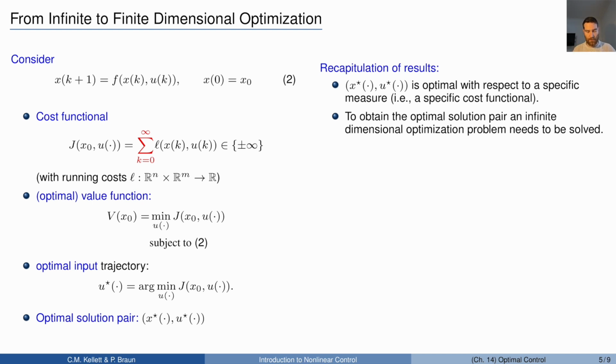And, as already indicated, to be able to obtain this optimal solution pair here, we need to be able to solve an infinite dimensional optimization problem in the continuous time setting as well as in the discrete time setting, since we need to be able to find this function u star of k or u star of t.